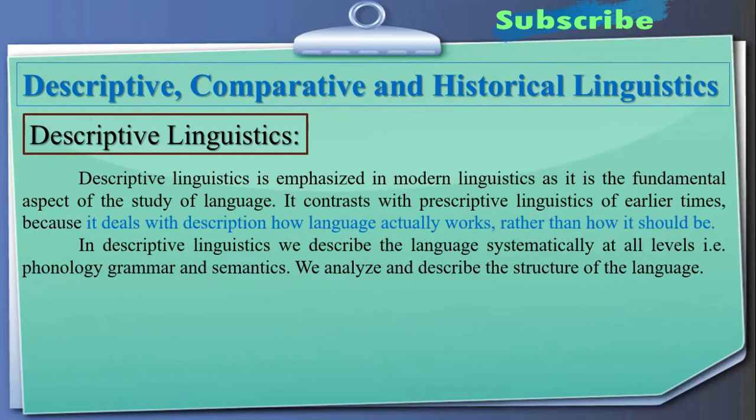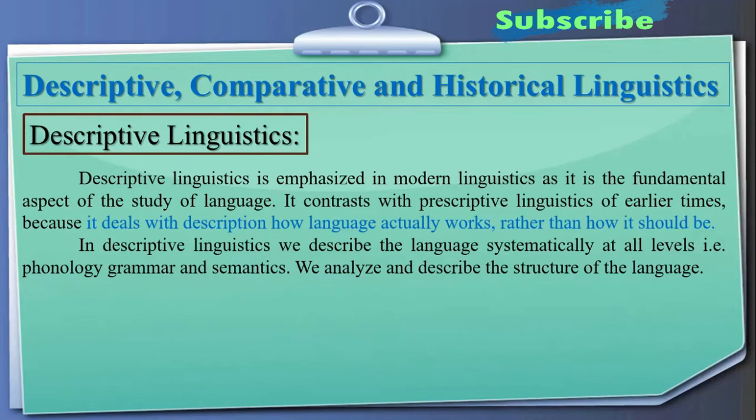What are the meanings of the words? We are not concerned with how the rules should be, how the pronunciations should be, or how the meanings should be. In descriptive linguistics, we describe the language systematically at all levels: phonology, grammar, and semantics. We analyze and describe the structure of the language.